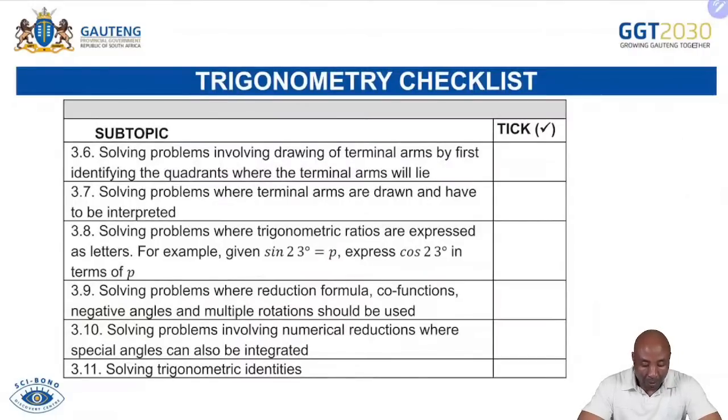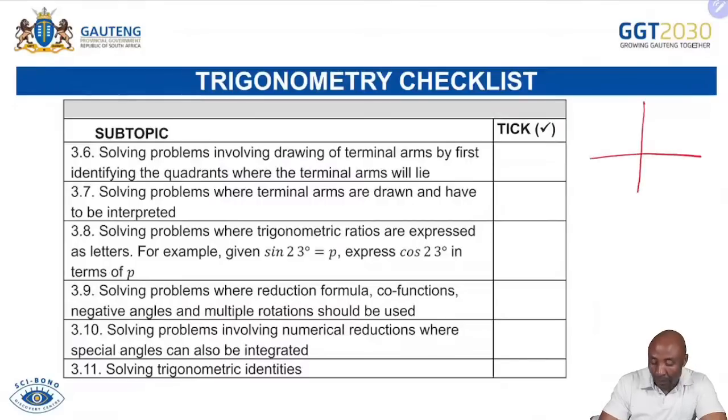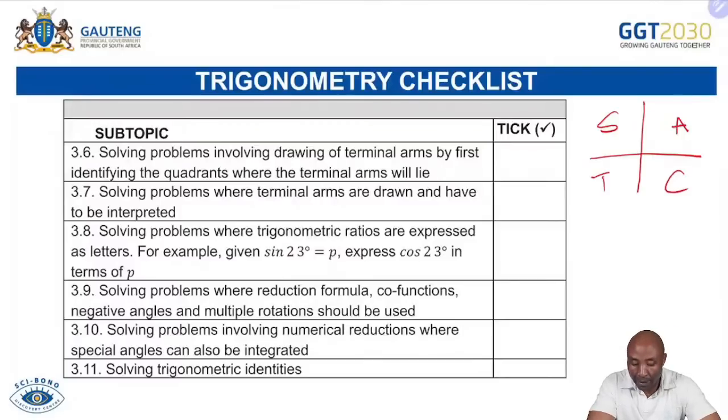We should be able to solve problems involving drawing of the terminal arms by first identifying the quadrants where the terminal arms will lie. Remember our CAST diagram. We know that All are positive, Sine is positive, Tan is positive, and Cos is positive.